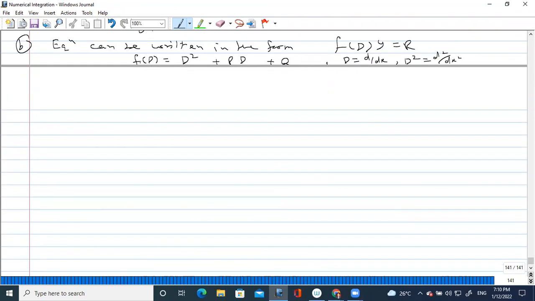Okay, so now what to do to find y2? The y2 solution, your particular integral, will be equal to 1 by f(D) of r. You know that in f(D) there are differential forms only: this is a double derivative, this is a single derivative. So you have to do 1 upon f(D) of r, and r is a function of x here.